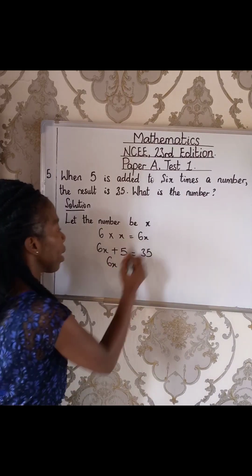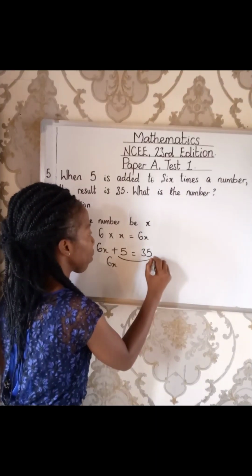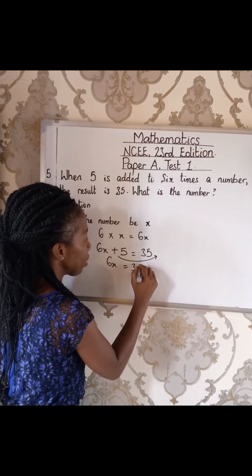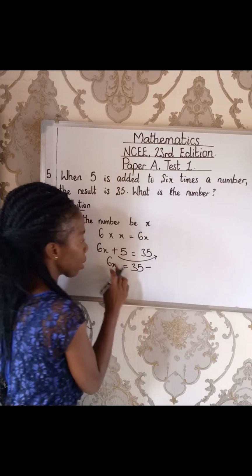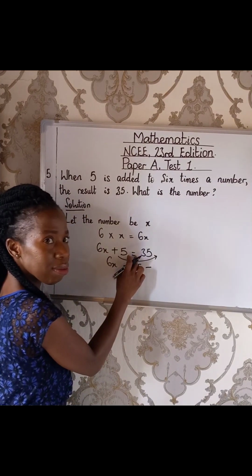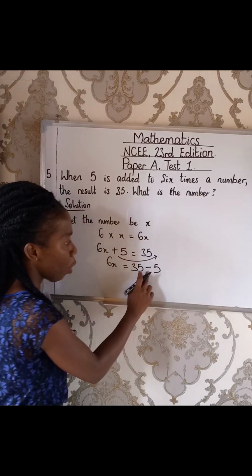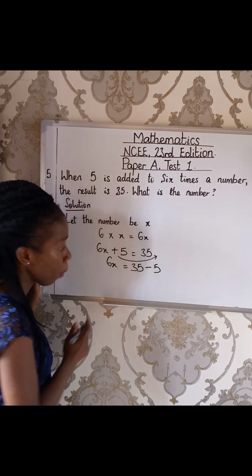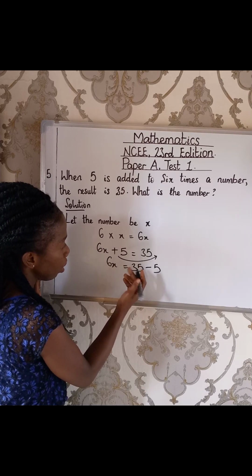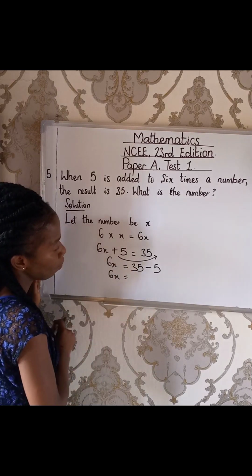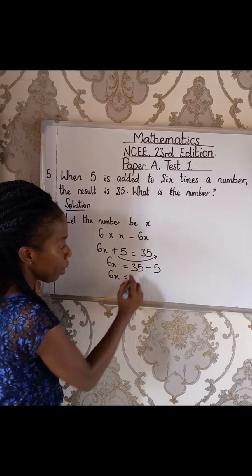So when this moves here, it now becomes 6x equals 35 minus 5, because it has crossed this equality sign. Minus is the opposite of plus. So we now have 6x equals 35 minus 5 is 30.